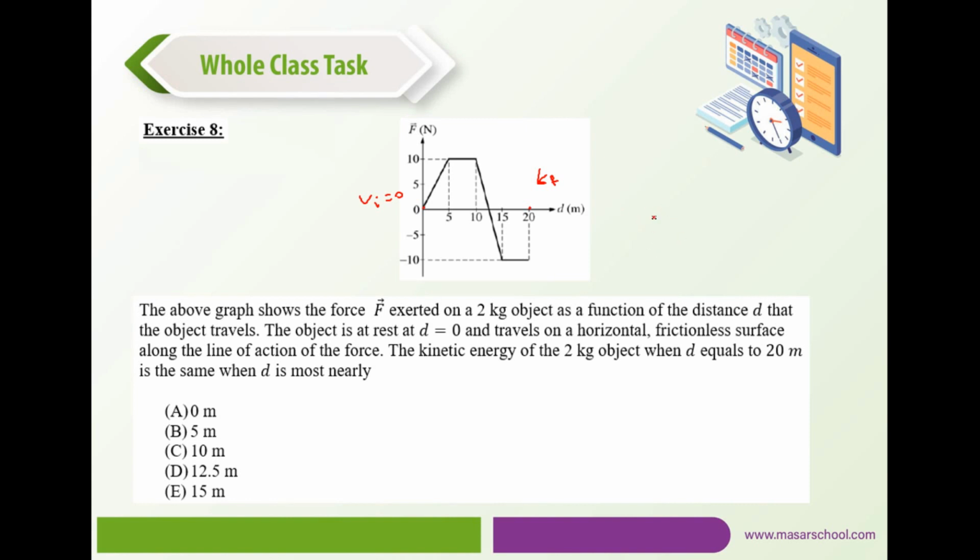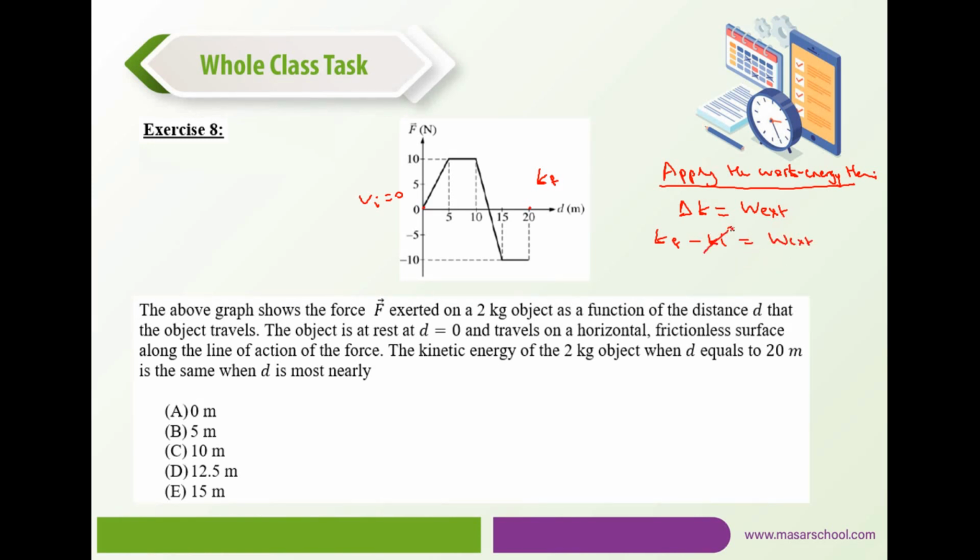Now how can we find this final kinetic energy? This can be done via the work energy theorem. So remember that you should apply the work energy theorem, and the variation in the kinetic energy would be equal to the work done by the external forces. Kinetic energy final minus kinetic energy initial would be the work done by the external forces.